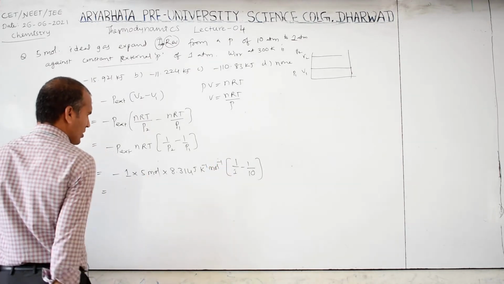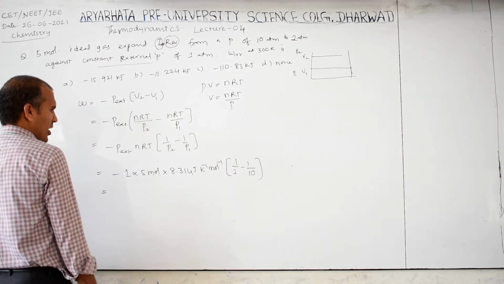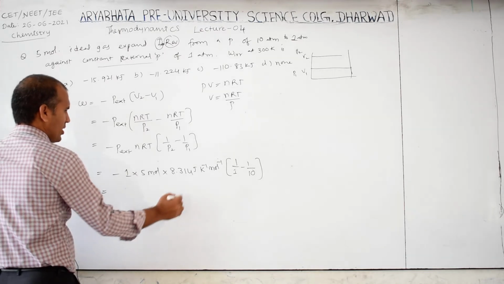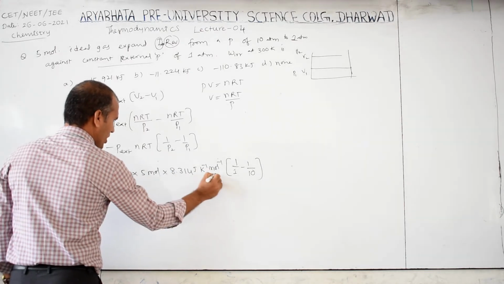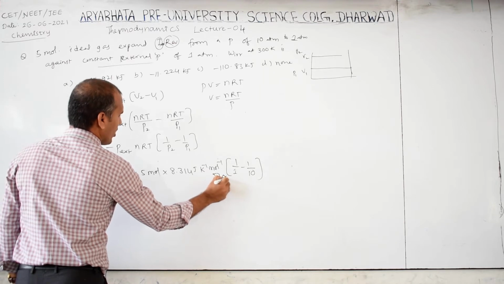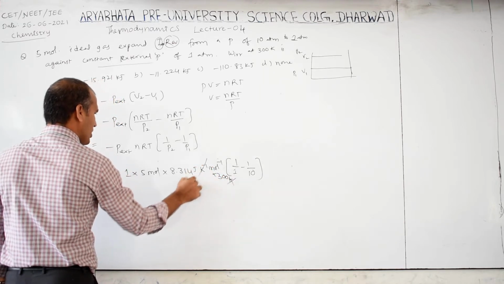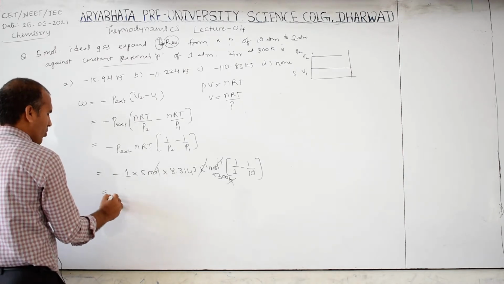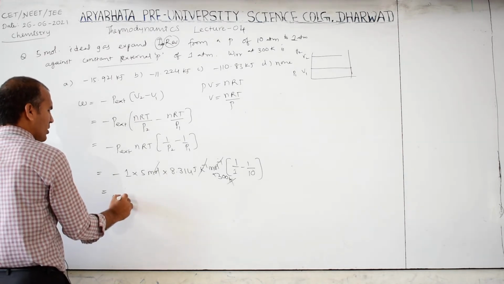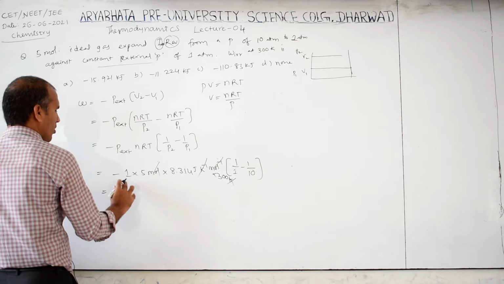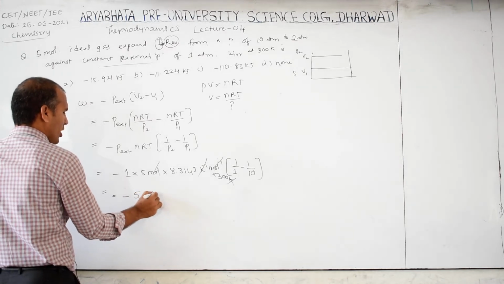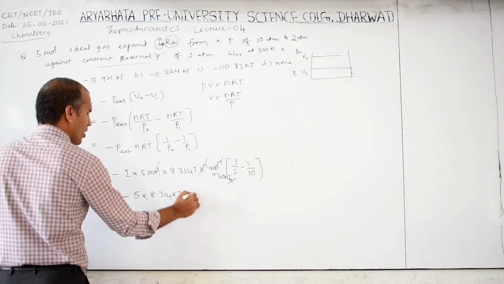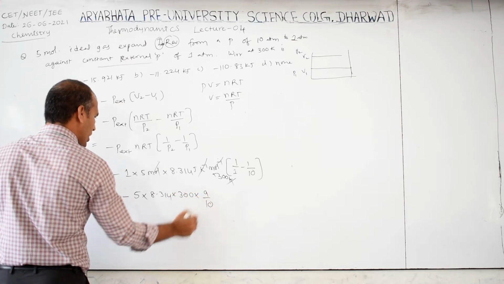10 minus 1, that is 9, 9 by 10 this is, okay, and temperature I forgot to write here, temperature 300 Kelvin, Kelvin inverse cancel, mole inverse mole cancel, therefore we got minus 5, 8.314, 300, and this is 9 by 10.